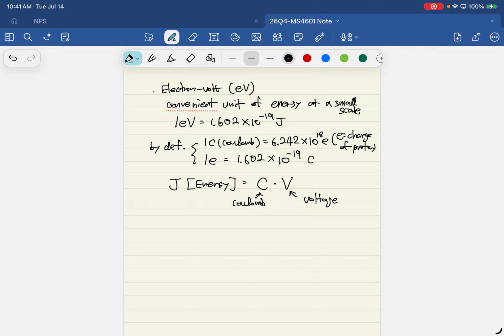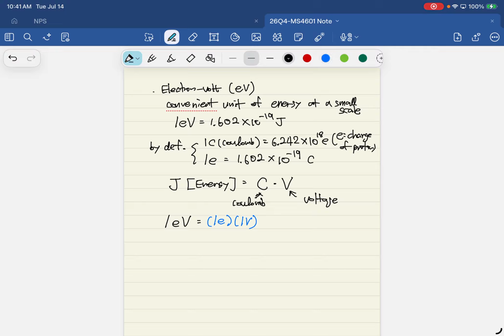For small scale objects, we define 1 electron volt as simply 1 charge times 1 volt. Now 1 electron volt is essentially 1 charge multiplied by 1 volt.